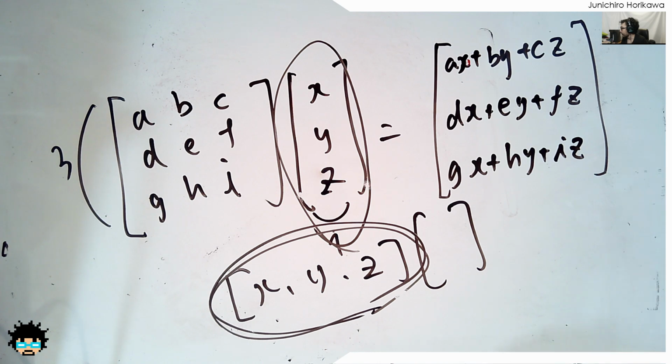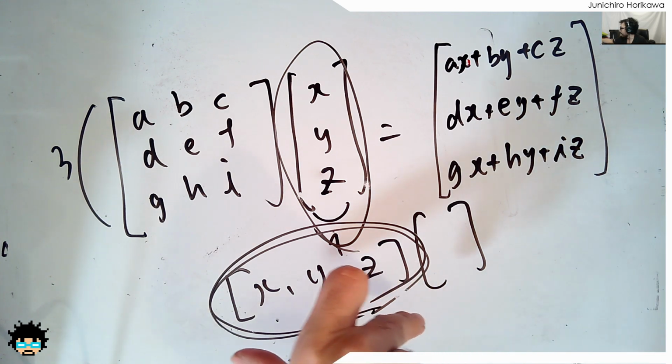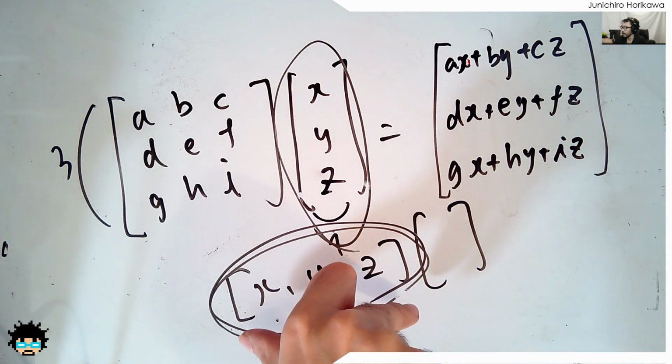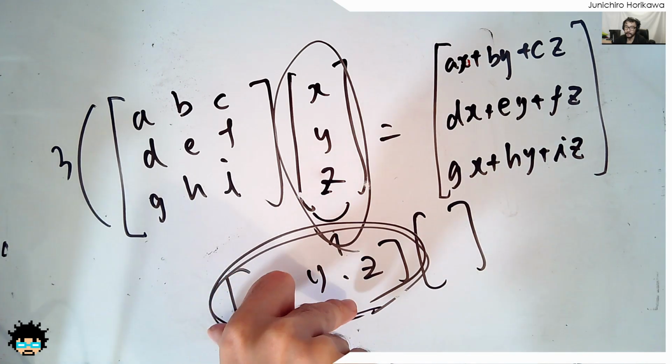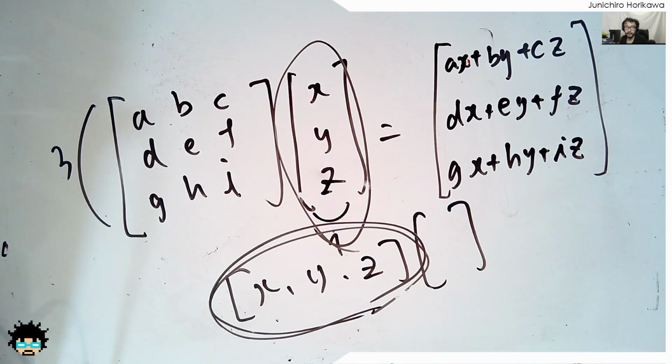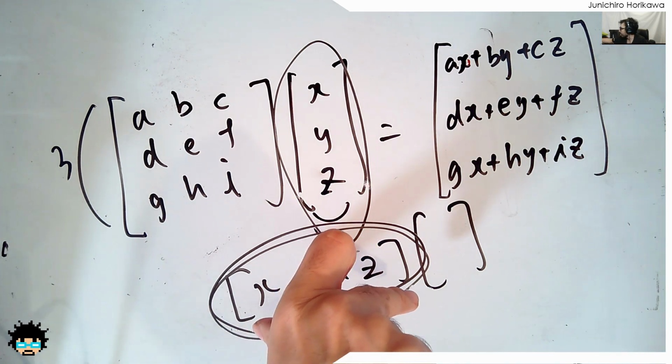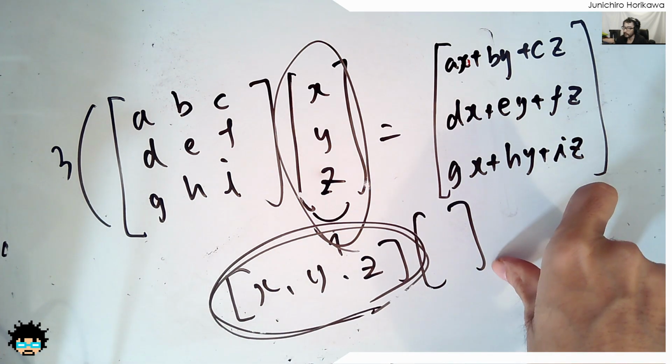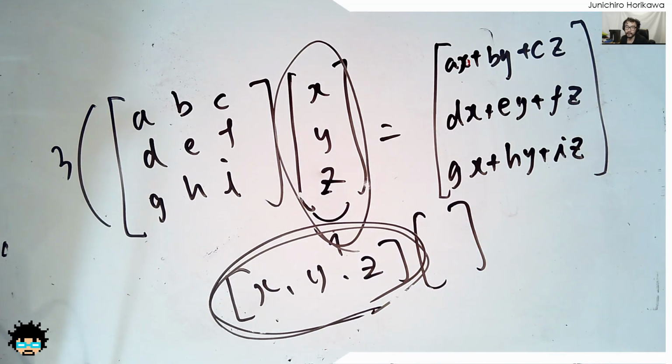But usually if you're using the row vector, the vector has to be on the left hand side for the multiplication, and the matrix should go on the right hand side. That's the base rule. In Houdini, it's a bit special. You can place vectors on the left hand side or right hand side, and still get the same result.